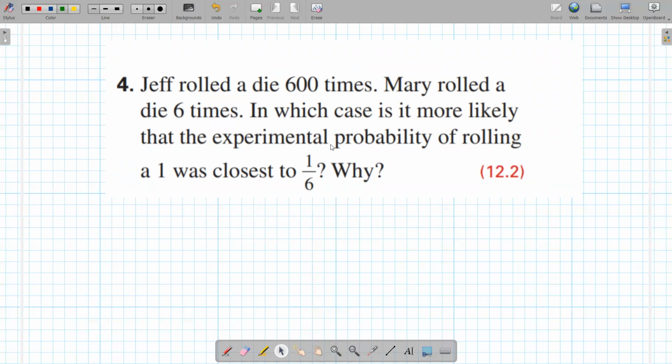Would it be the same? Nope. One of them is more than the other. 600? The more trials you do, the closer it's gonna be to the theoretical.